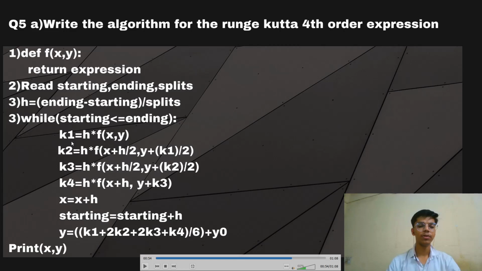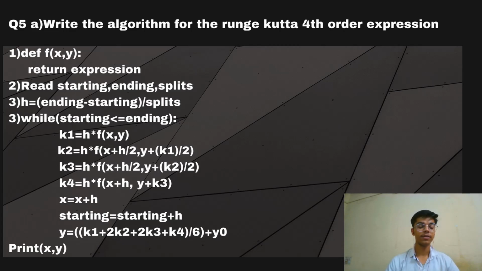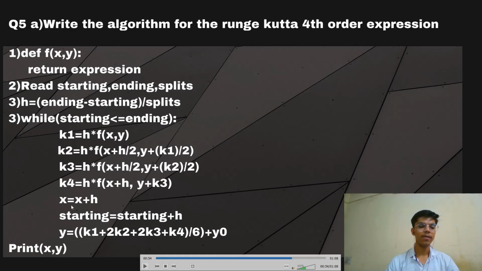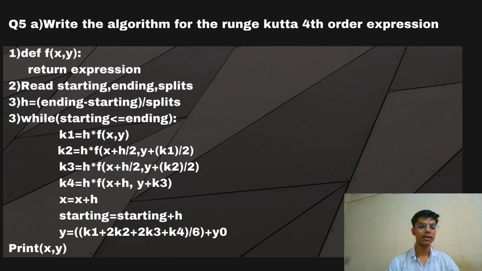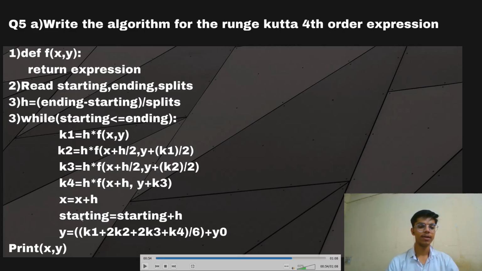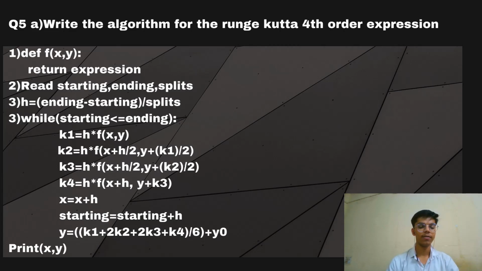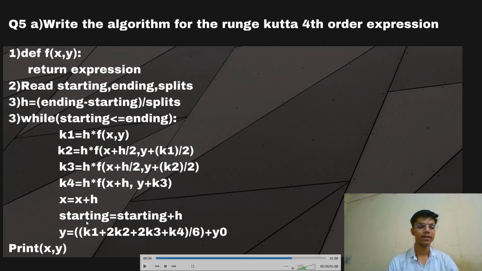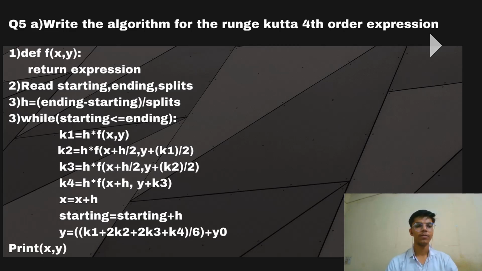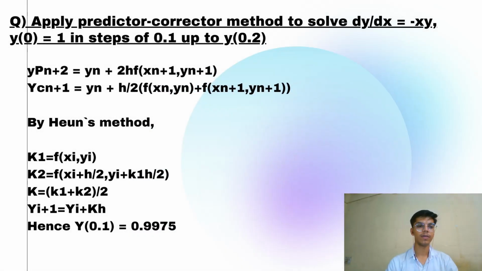Now we will compute the values of k1, k2, k3 and k4 respectively by using h and the function, and then we will increment the value of x by adding h, and similarly we will increment the value of starting by adding h, and then we will compute the value of y with the help of the computed values of k and adding that to y0, and then we will print the values of x and y. So this is the algorithm for the Runge-Kutta method.